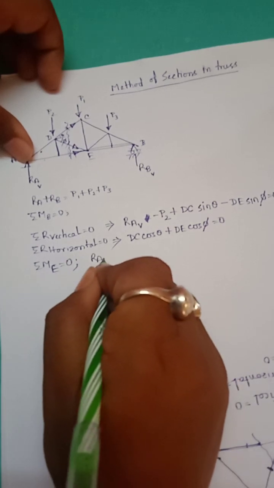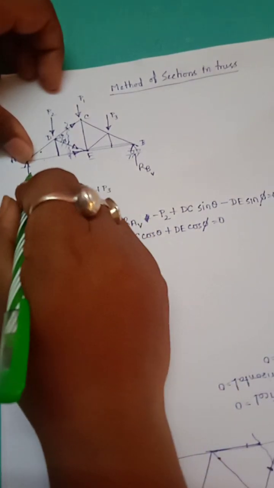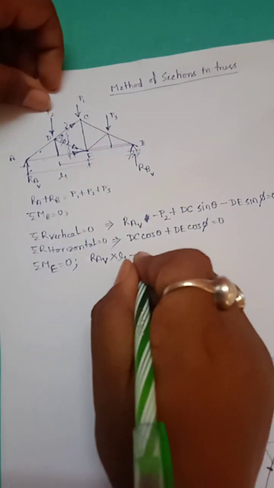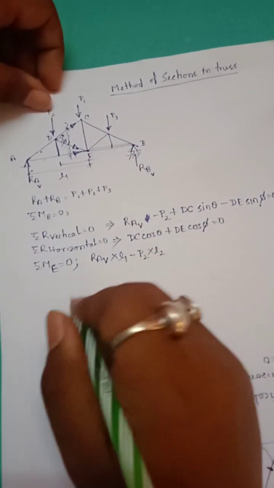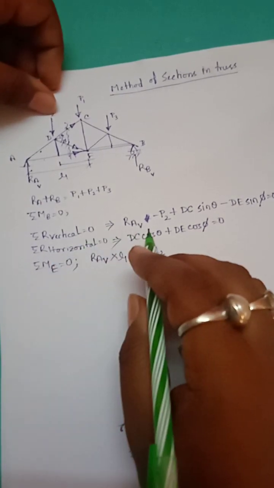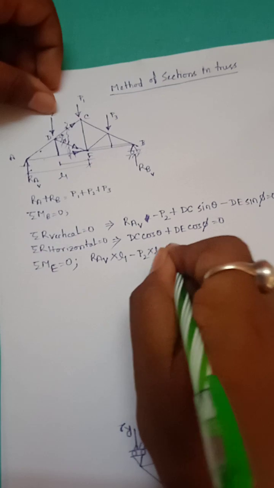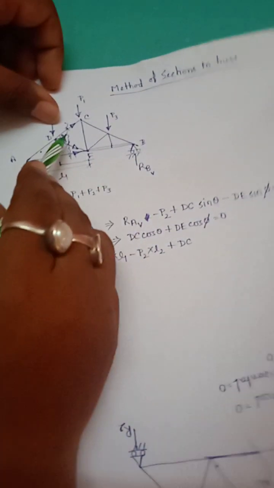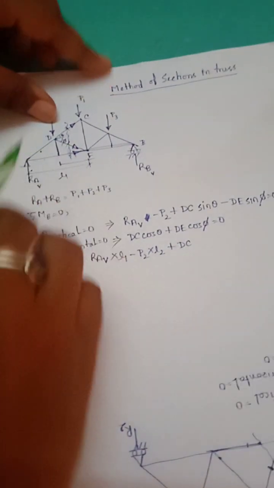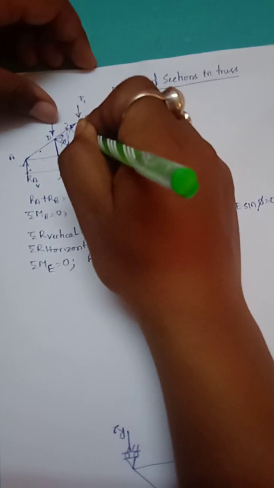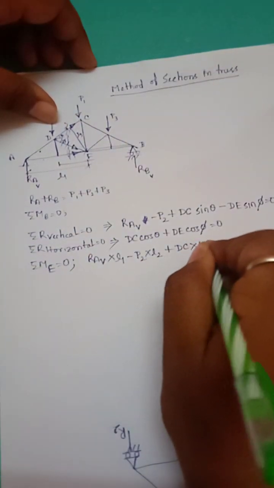Then for M equal to 0, then RAV into L1 minus P2 into L2 plus force in DC into, if this is the perpendicular length, L3 equal to 0.